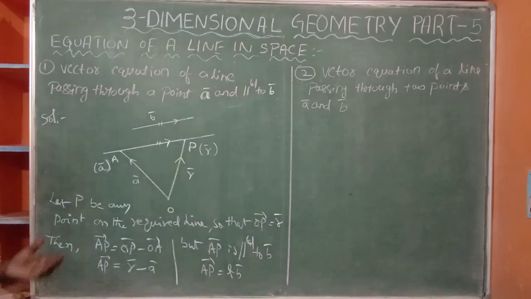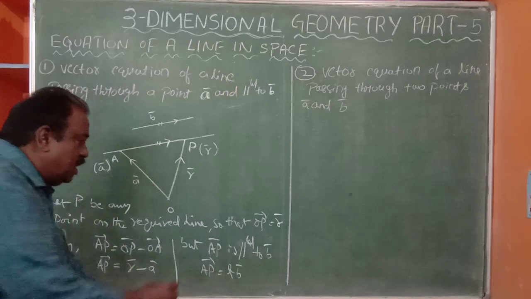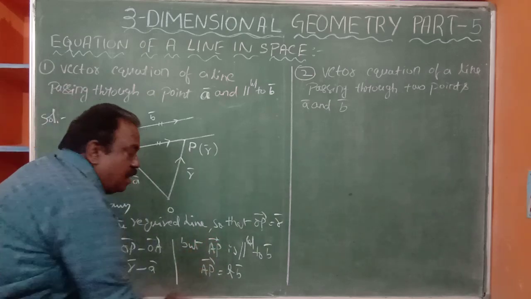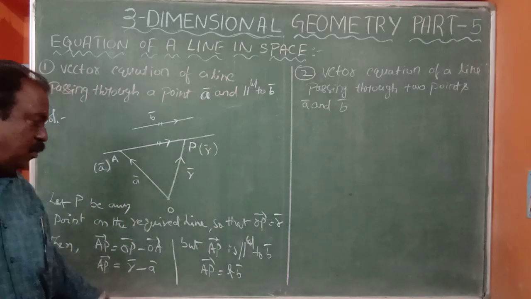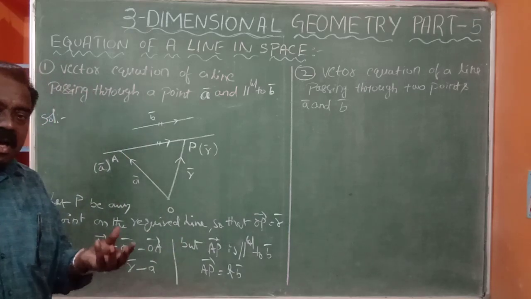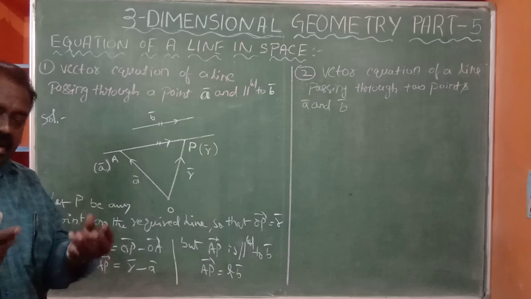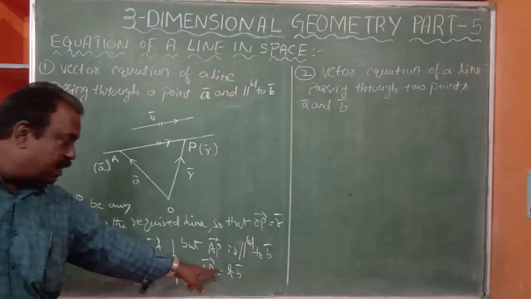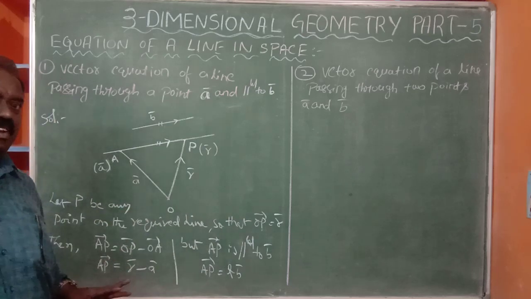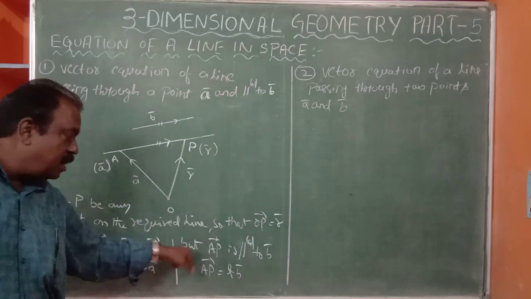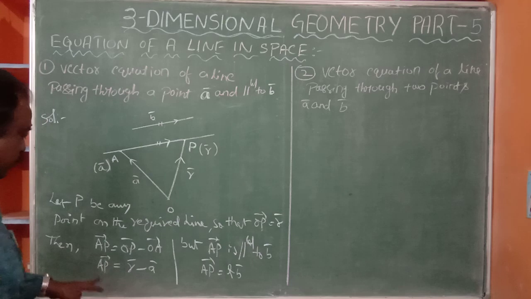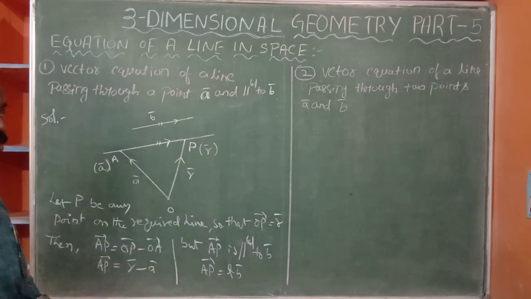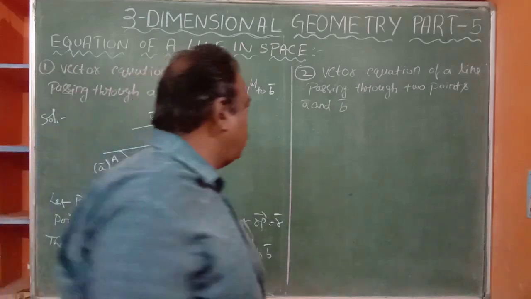If two vectors AP bar and B bar are parallel or collinear, we may make them equal by multiplication of one scalar. Already we saw. So AP bar is equal to TB bar. Here AP bar is equal to R bar minus A bar. Here AP bar is equal to TB bar. Just observe.